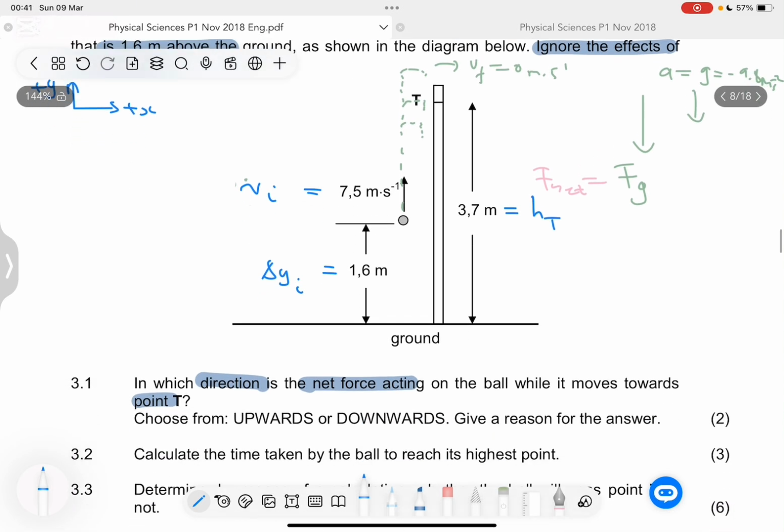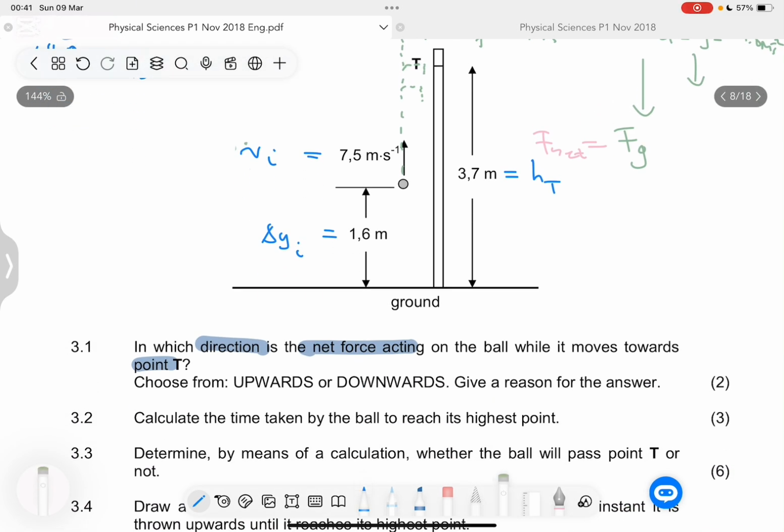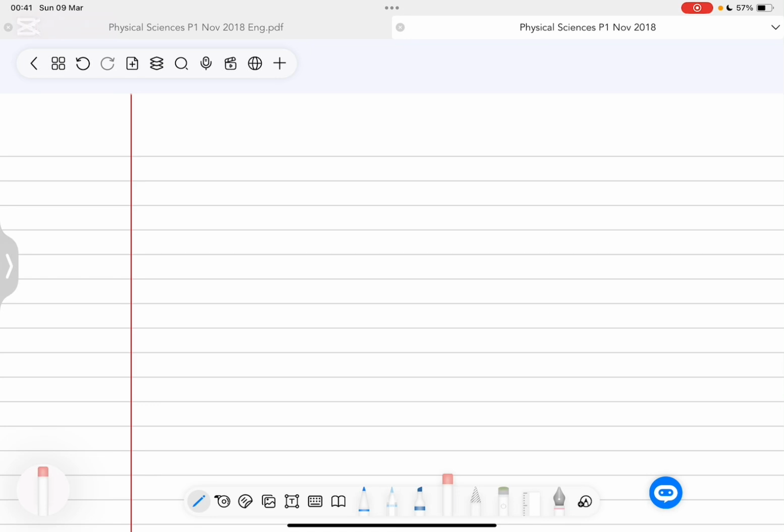Now, we are given options to choose from, upwards or downwards. When we answer question 3.1, we will say that our force goes downwards.